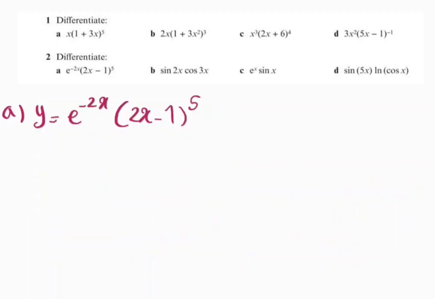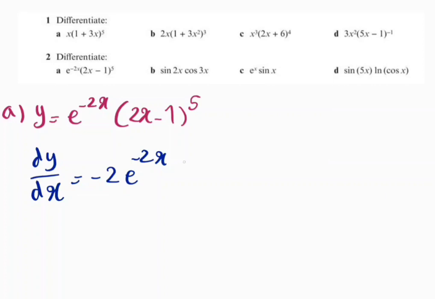Question 2. We have e to the minus 2x times (2x minus 1) to the power of 5. The first bit differentiates to minus 2e to the minus 2x, because that's an exponential function. We only differentiate the power, and that comes down as a coefficient.